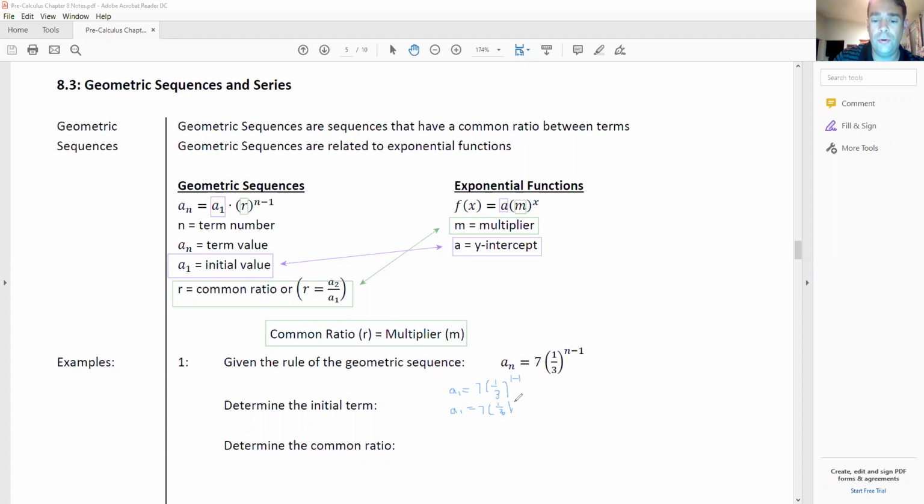Anything to the 0 power is just 1. So we have 7 times 1. That means our initial term would be 7.